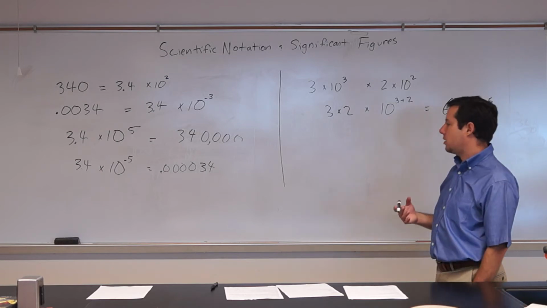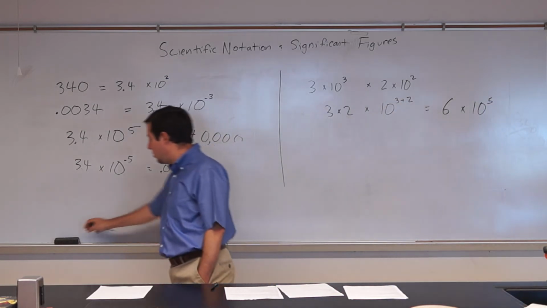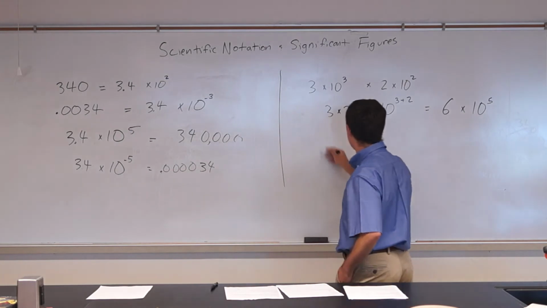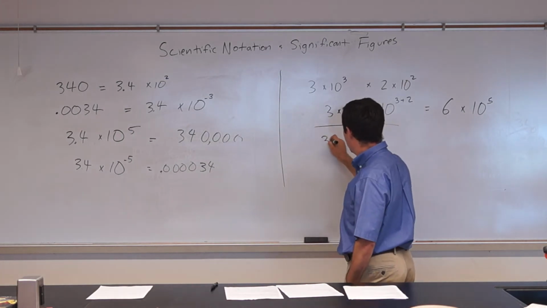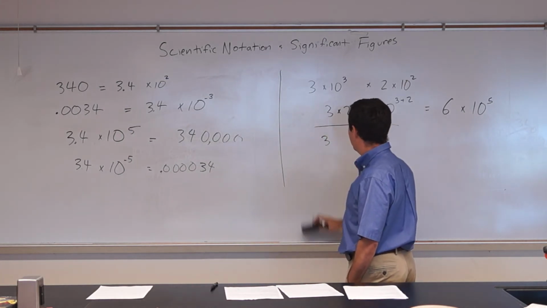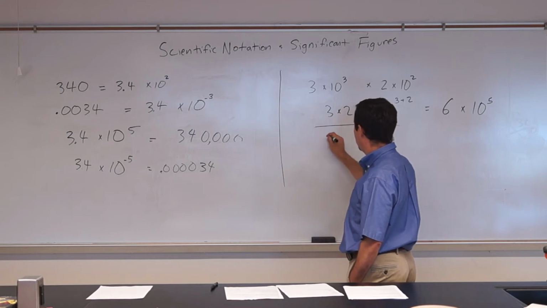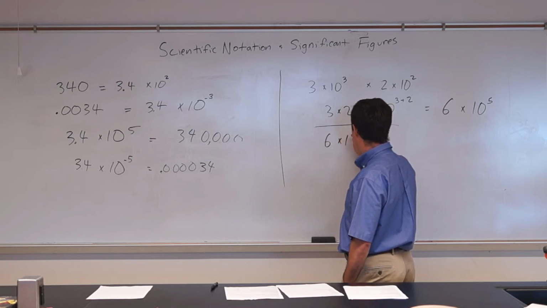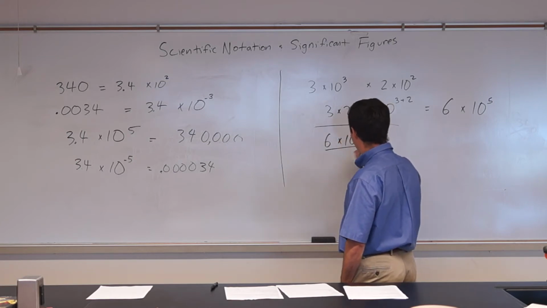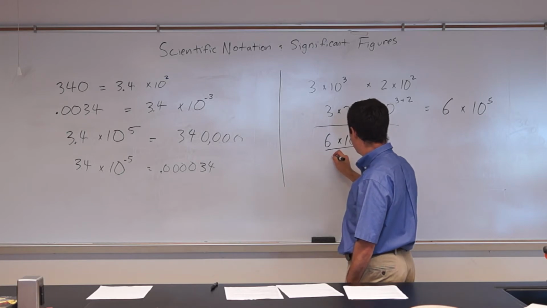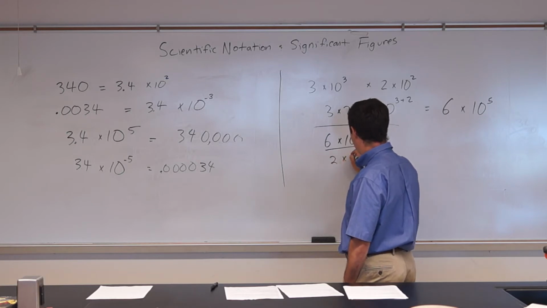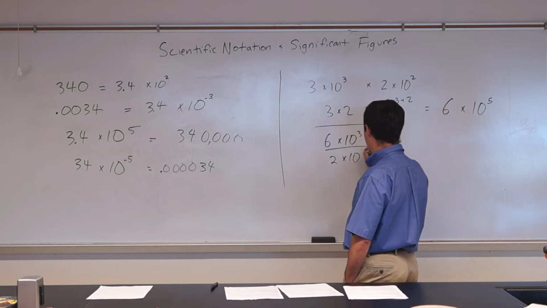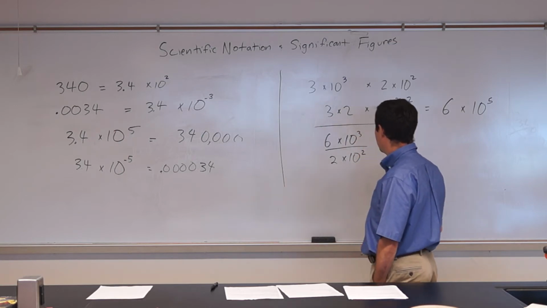You can subtract exponents as well if you're dividing. Let me change the numbers just a little bit: 6 times 10 to the 3rd divided by 2 times 10 to the 2nd.